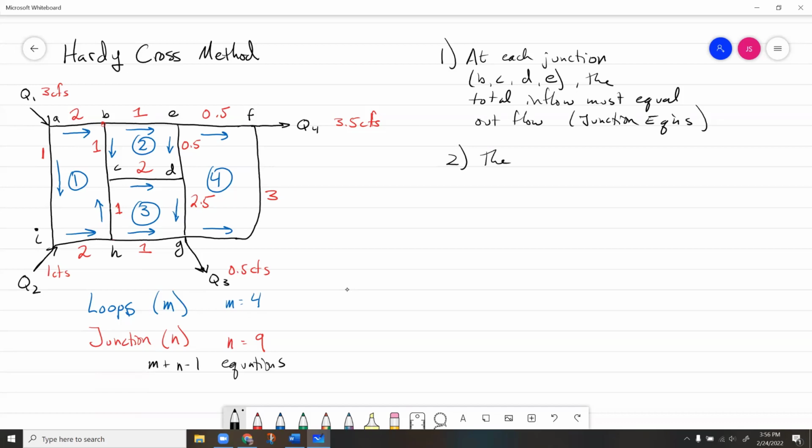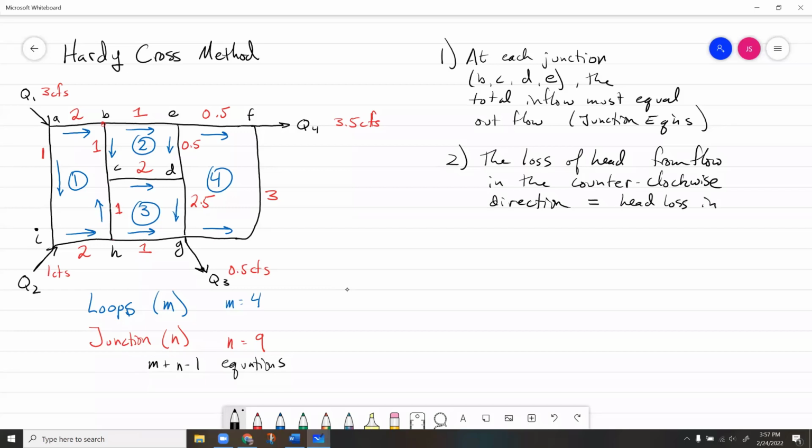And then the loss of head from flow along one of these pathways has to be equal to the loss of head in flow on the other pathway. So if we're just looking at loop 2, then the loss of head from flow in the counterclockwise direction has to equal the head loss in the clockwise direction.